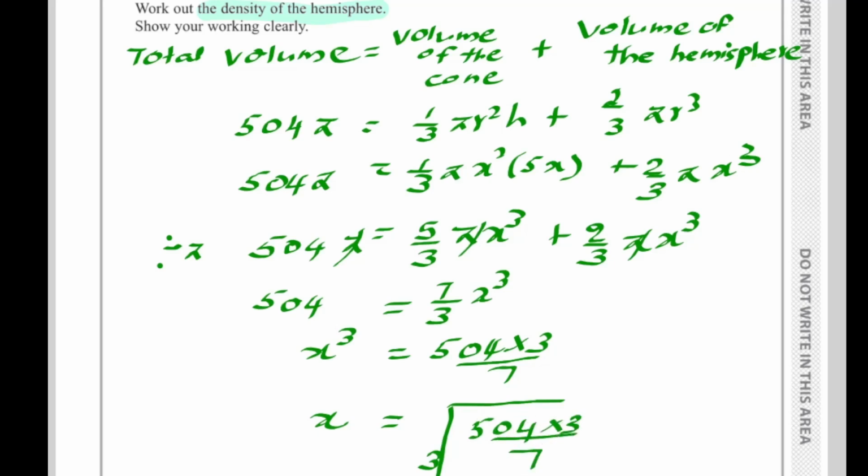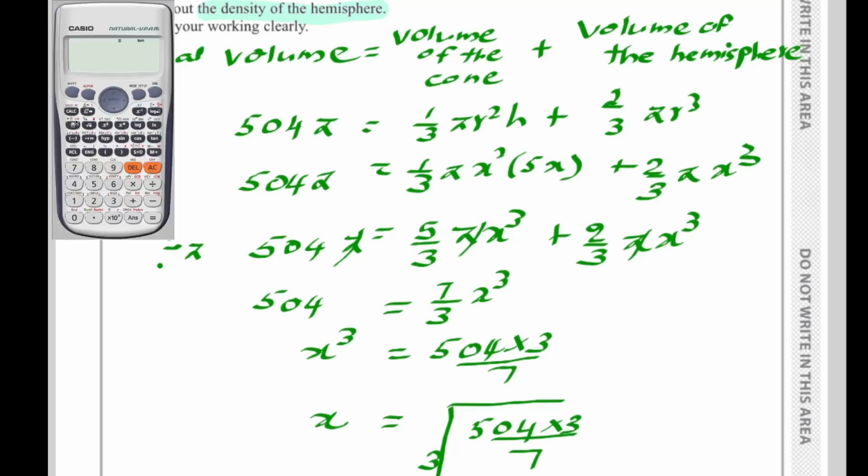Let's use the calculator and get the value for x. We have to get the cube root of 504 into 3 over 7, which equals 6.